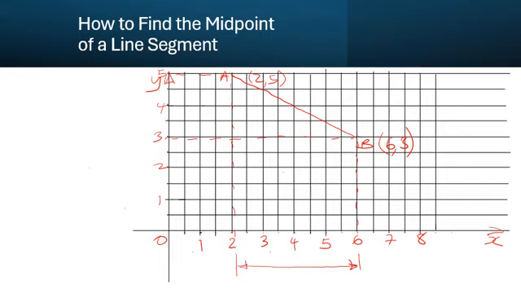Now for us to find this length, it means it has to be 6 minus 2. So 6 minus 2 is our length, which is 4. Now 4, if you want to find the midpoint of 4, it means you have to divide 4 by 2, which will give you 2.